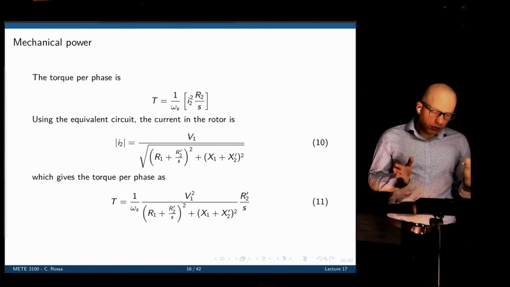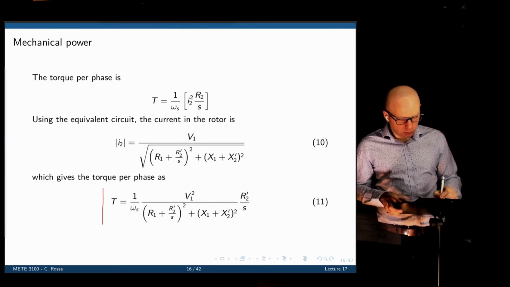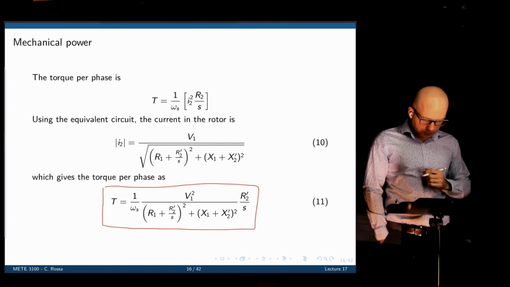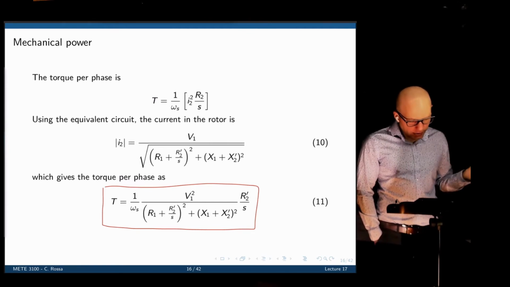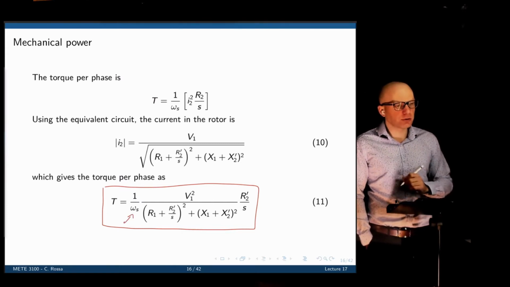Okay, now calculate the magnitude of the current, replace the current in there, and this is now the entire expression for the torque after we do those simplifications. What do you see here? The torque is assumed to be independent of the magnetizing inductance. The torque depends on the speed. That's a very important consideration.